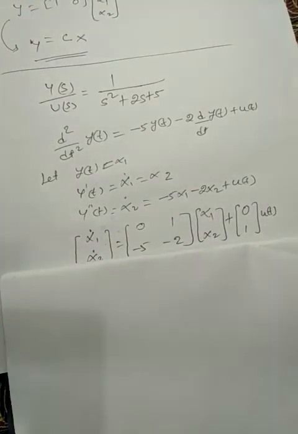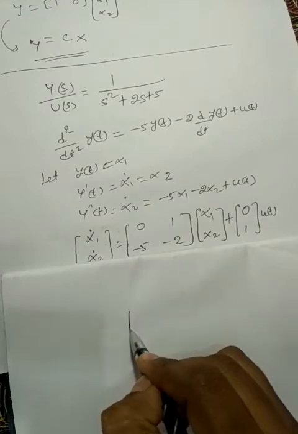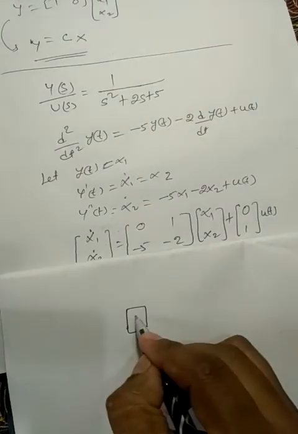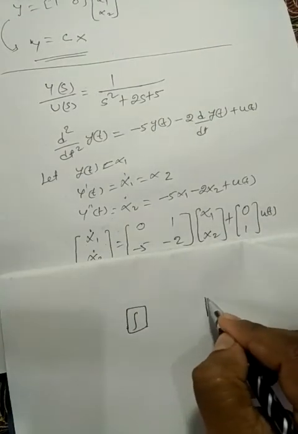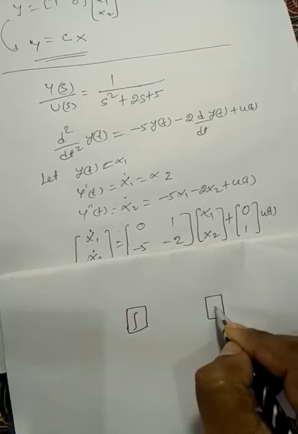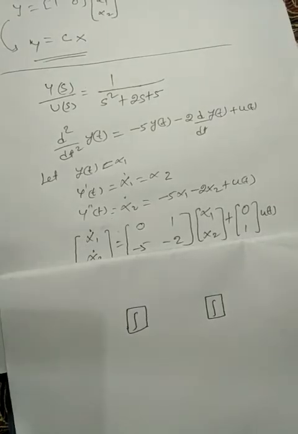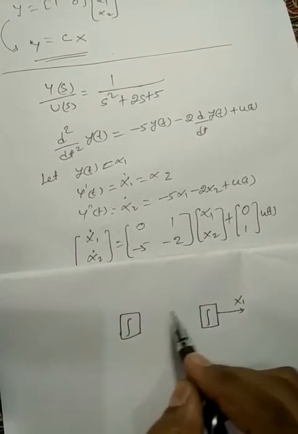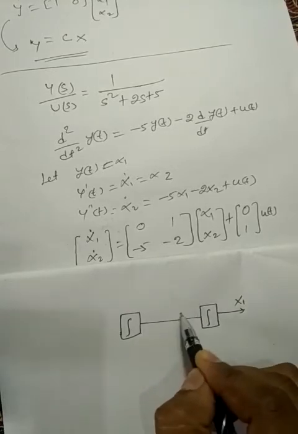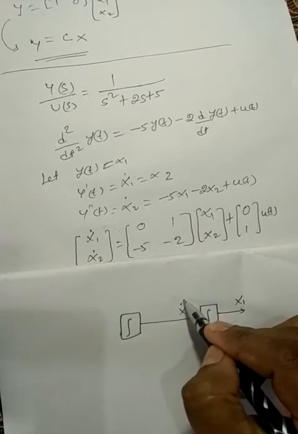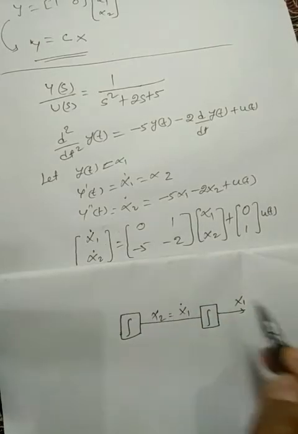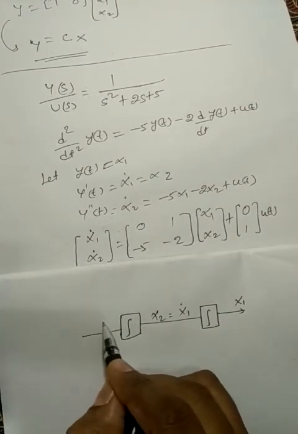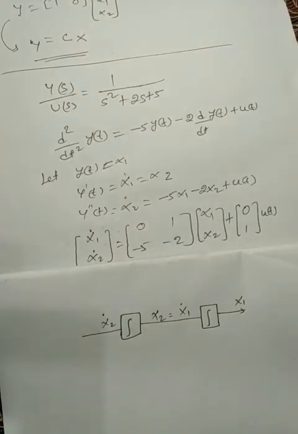Therefore, in the block diagram, we will have two integrators, like this. And here, if we have x1, then obviously here we'll have x1 dot, which is equal to x2. And if here we have x2, then obviously here we'll have x2 dot.